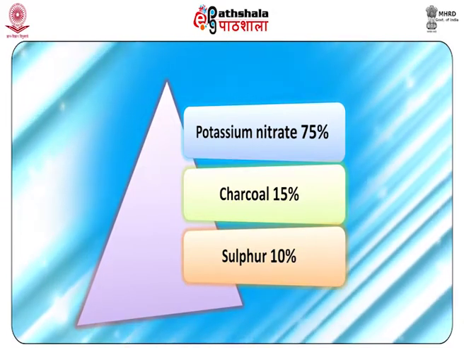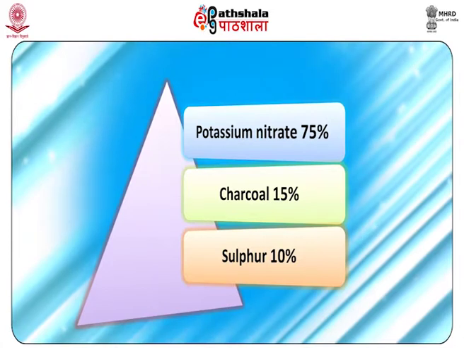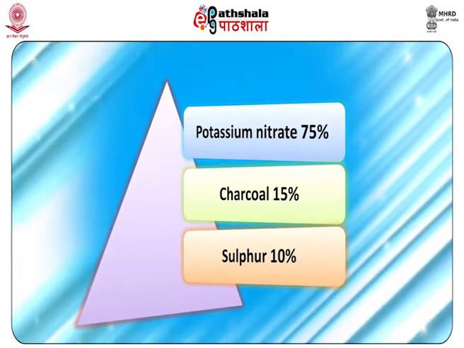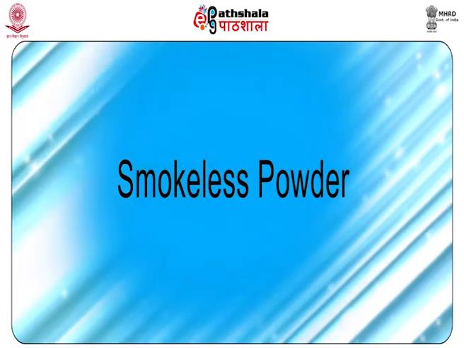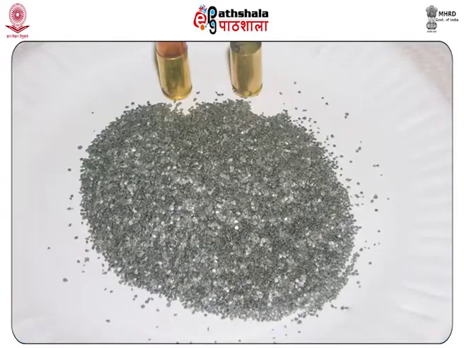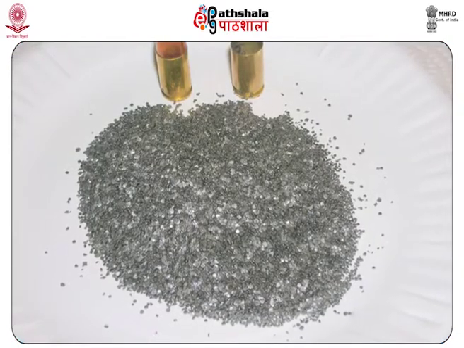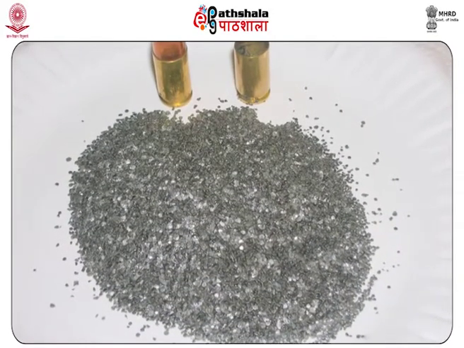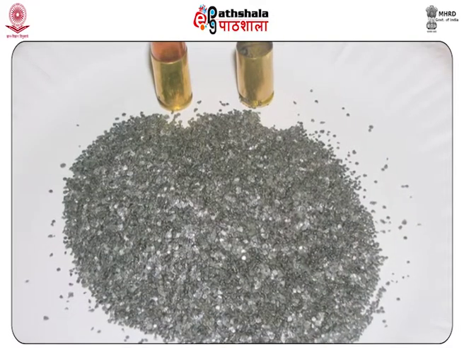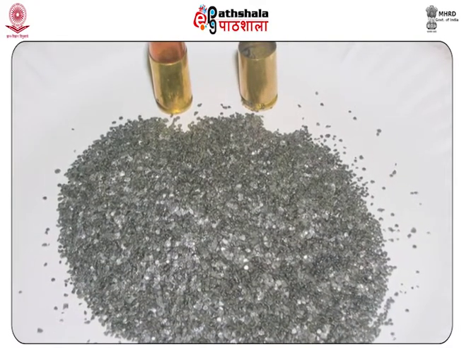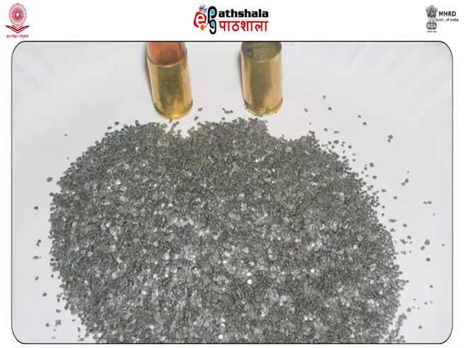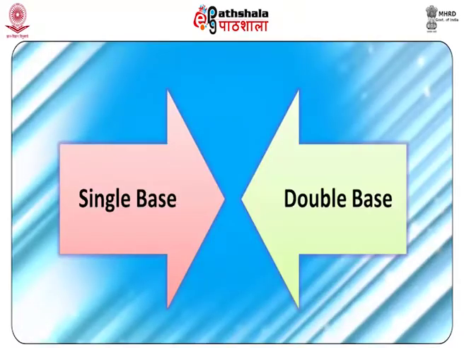Saltpeter furnishes the oxygen while the charcoal and sulfur are the fuels. Black powder produces a lot of smoke that could easily reveal the position of the shooter. Smokeless powder. Smokeless powder was developed in the late 19th century to replace black powder as a propellant in weapons, as smokeless powders are far more energetic propellants per unit weight.